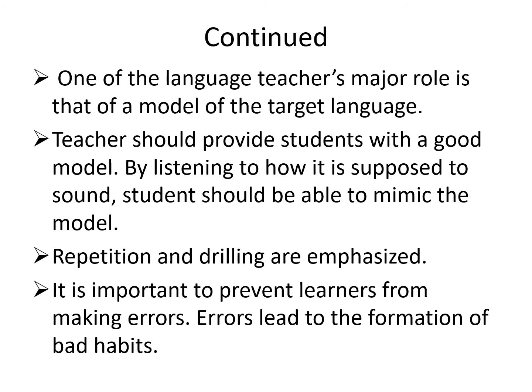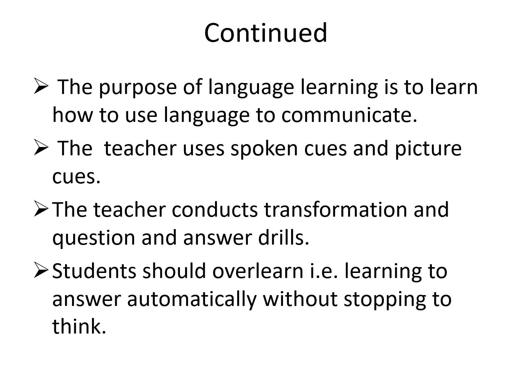It's important to prevent learners from making errors. Errors lead to the formation of bad habits. So errors are not allowed, or are discouraged by the teachers or expert trainers. The purpose of language learning is to learn how to use language to communicate.